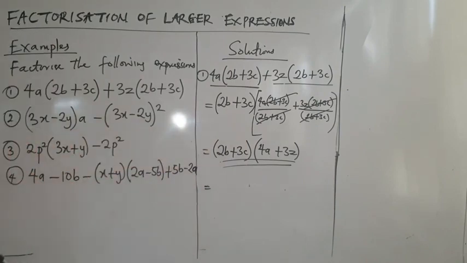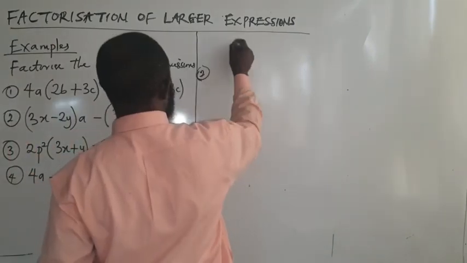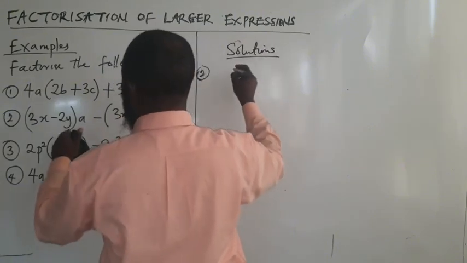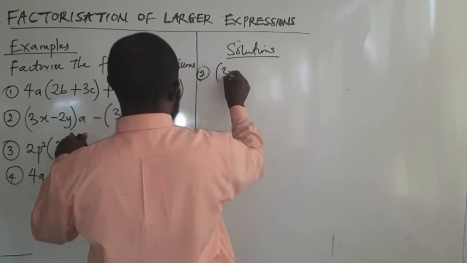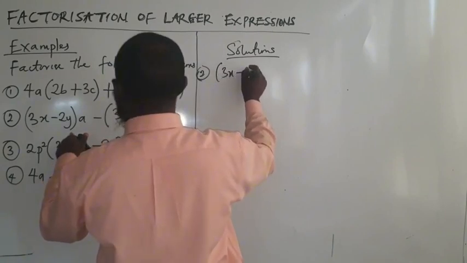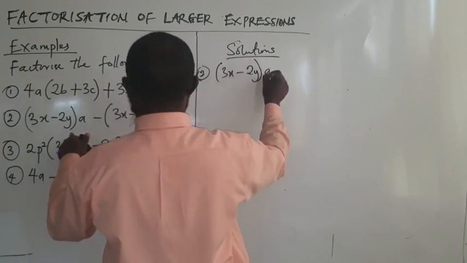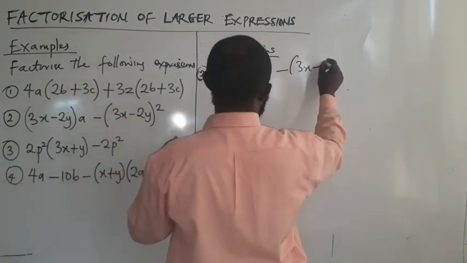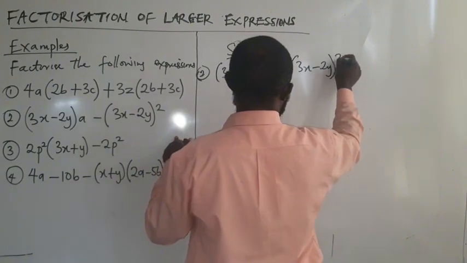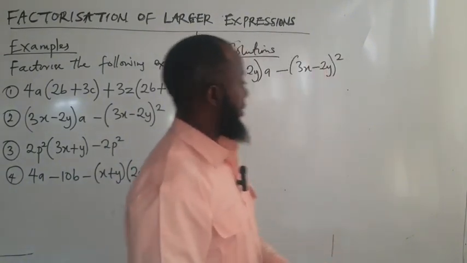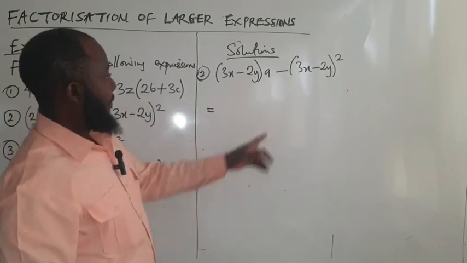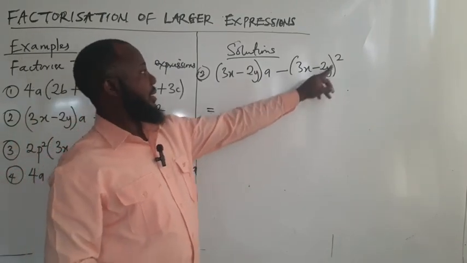Now the second one, we have question number 2. We have 3x minus 2y, then a here, then minus 3x minus 2y raised to power 2. Now this is it. So the same thing here. But here, if you look at this bracket, there is a square here.